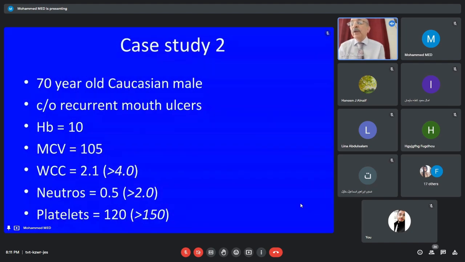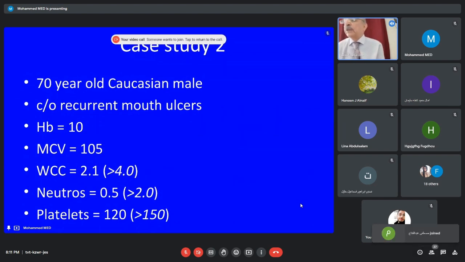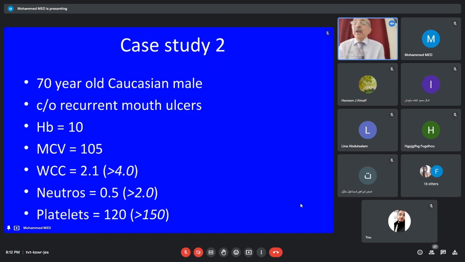So you may ask here, what's the treatment in case number 1? The treatment is reassurance. This is a genetic disease. The 10.5 grams of hemoglobin is not too bad, and because it's a chronic process, usually the patient's body compensates very well, and probably the symptom is related to something else.